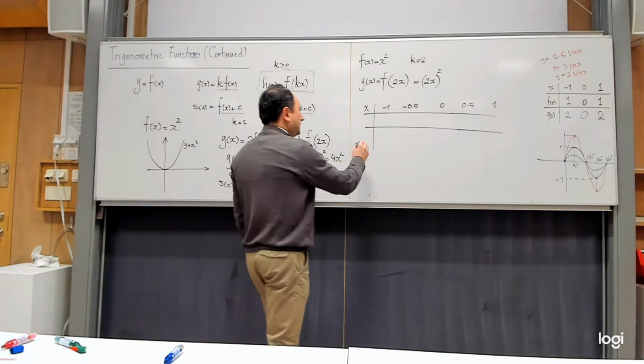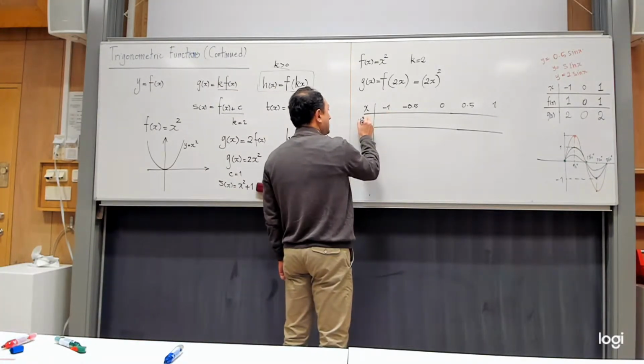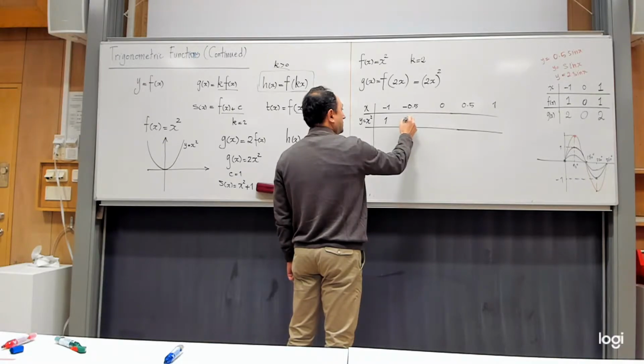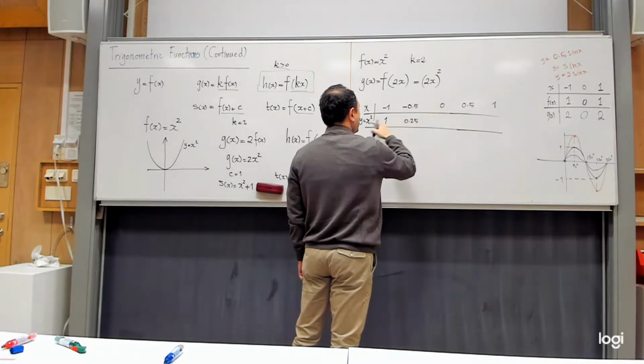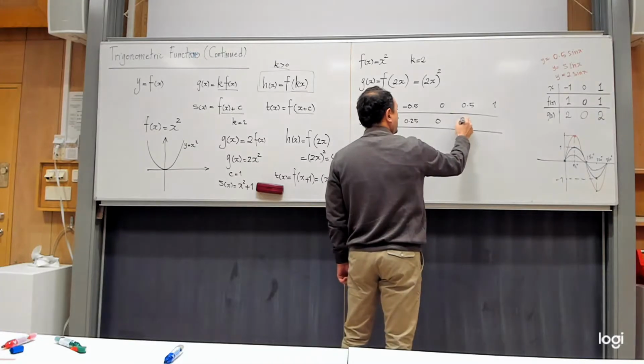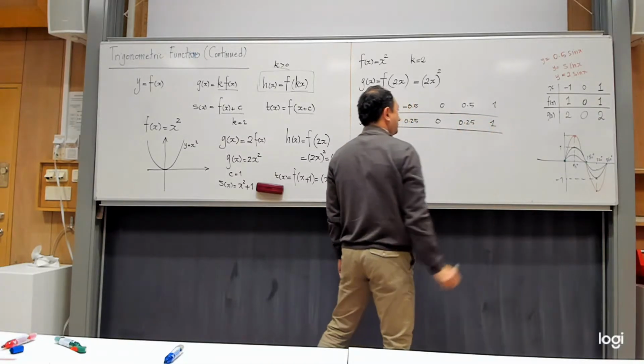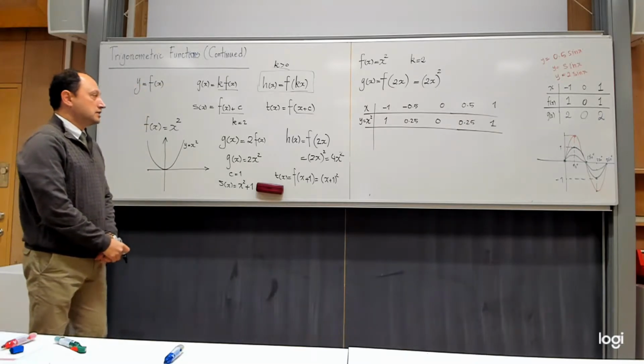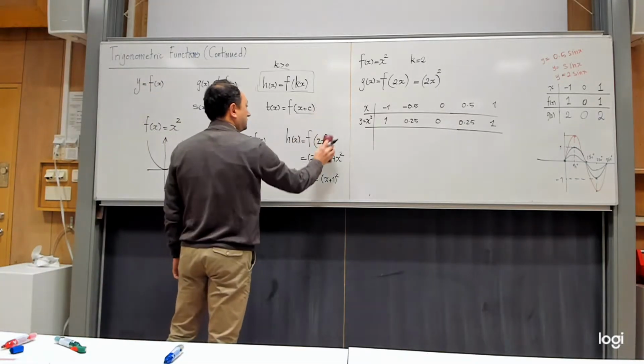Okay, and then what happens here? This is y equals x squared. The answer is 1. This to the power of 2 is 0.25. This to the power of 2 is 0. This to the power of 2 is 0.25, and this is 1. Yes? So let me just draw that picture once more.